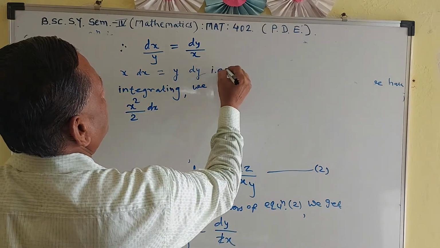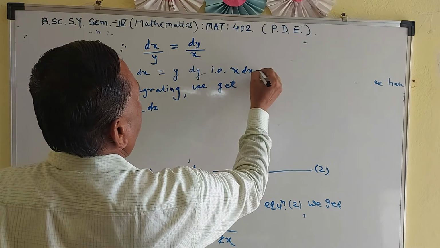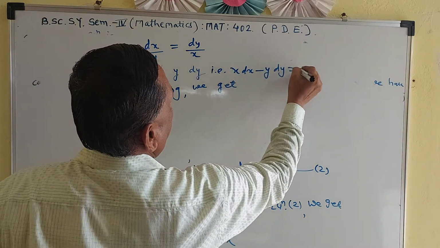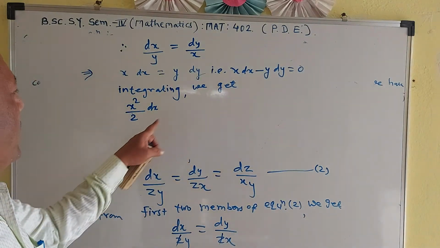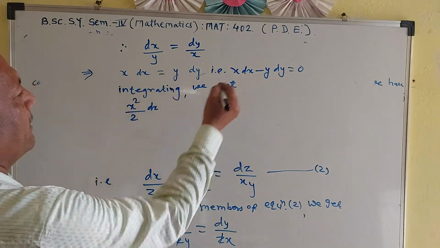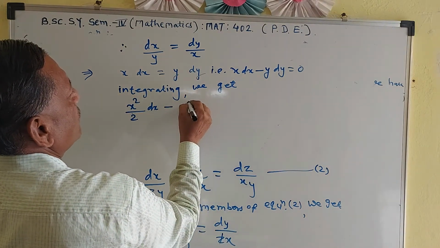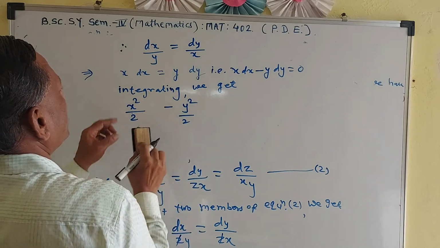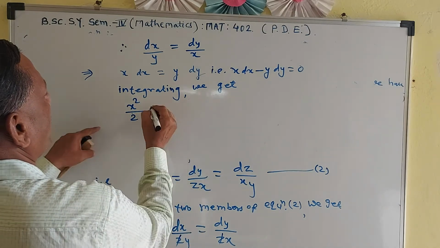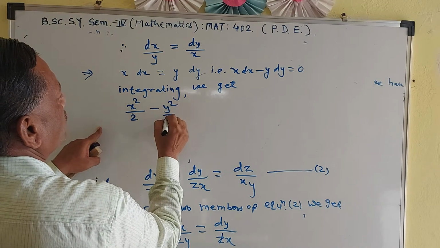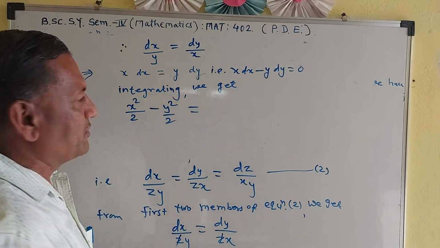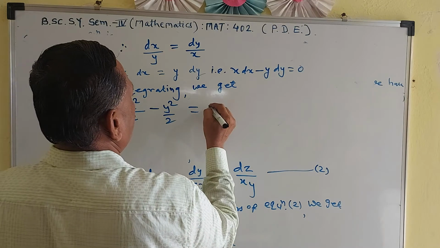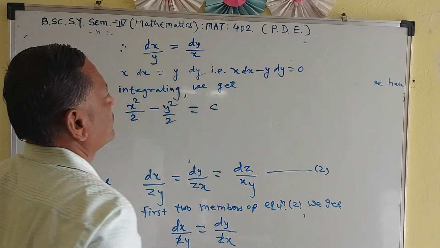This can be written as x dx minus y dy is equal to 0 also. So x square upon 2 minus y square upon 2 is equal to the integration of 0, which means a constant. Suppose you take any constant c.